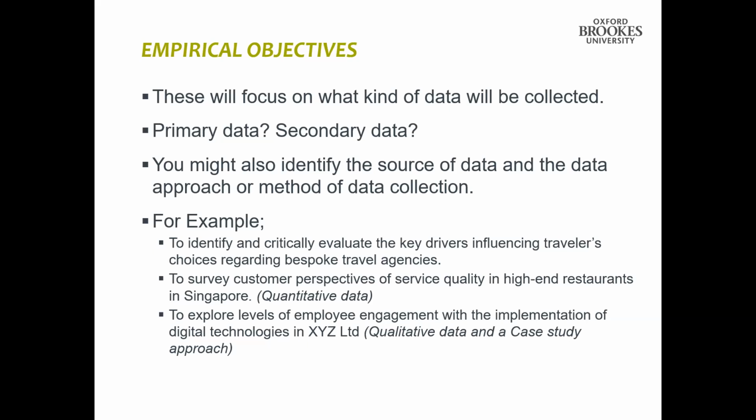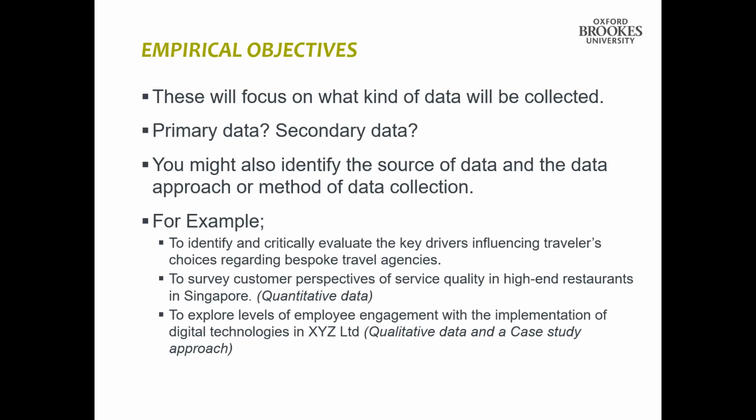So that might be an industry report, or it might be some statistics relating to your particular topic, or some trends that you've identified that are important. So by looking at the type of data, you're implicitly beginning to think about, well, how am I going to get that data?